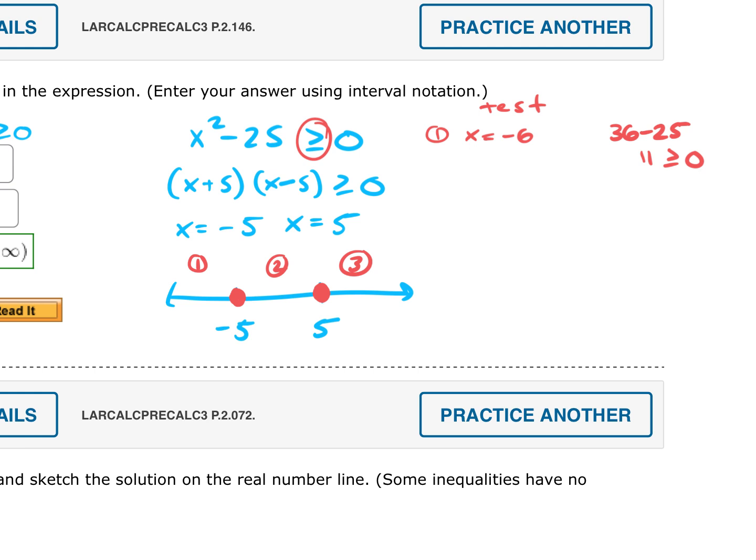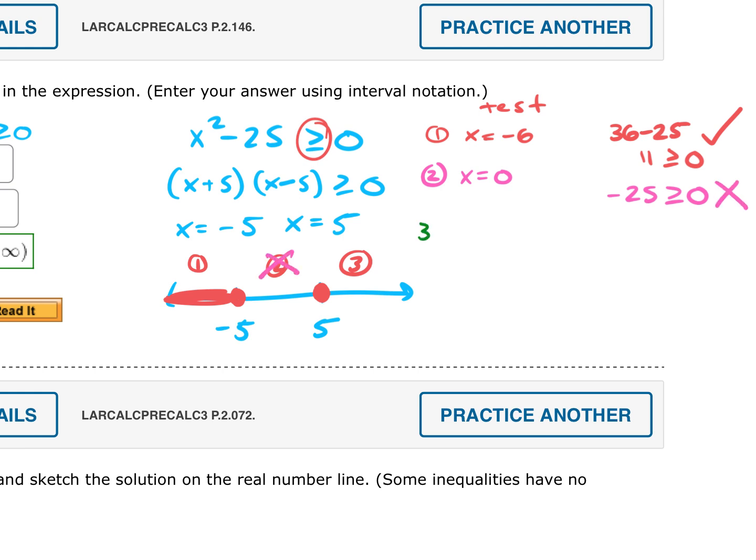Is this true? Yep. So it works in 1. Let's test 2. What's a number in between -5 and 5? 0. So let's plug in 0. We get -25 is greater than or equal to 0. Is this true? Nope. So it does not work in the second.